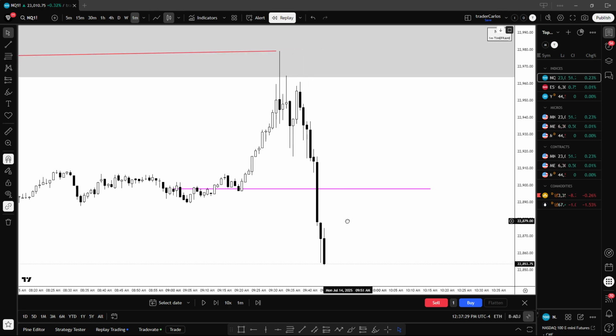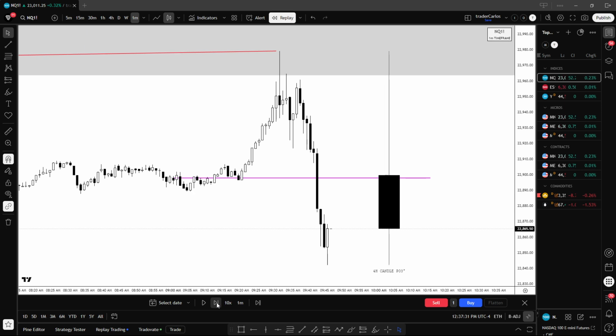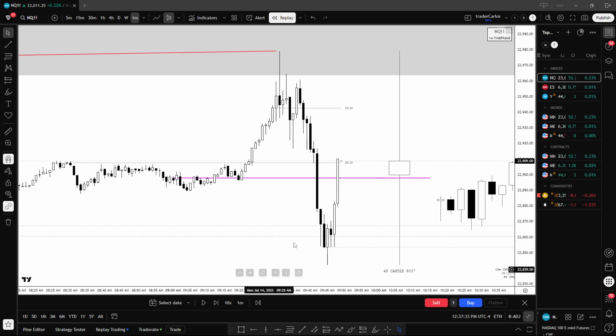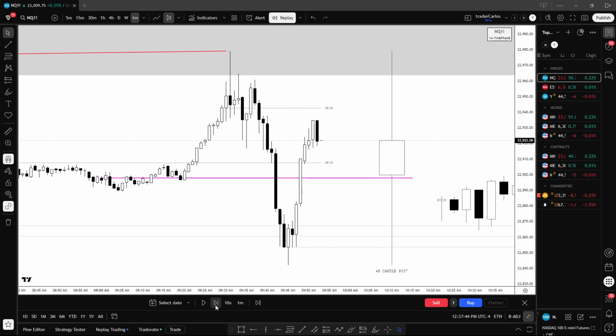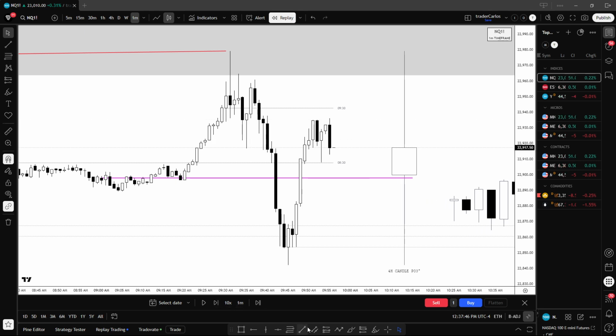So here we waited for price to practically just give us that retracement up higher. Once we retraced back higher into that 15-minute OB, this is where I started looking for my entry model. So here we had this run on buy side.